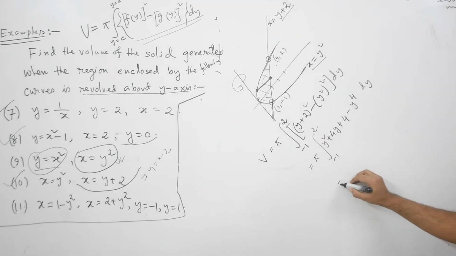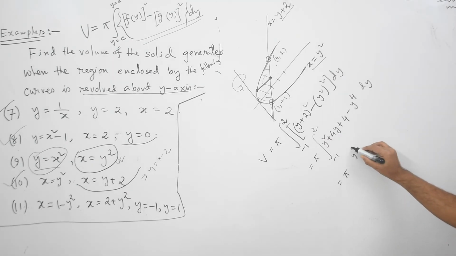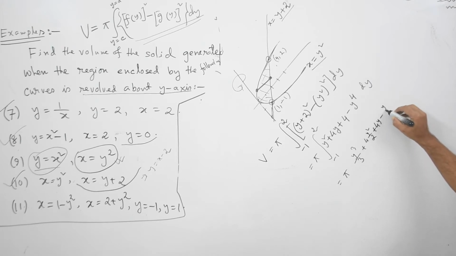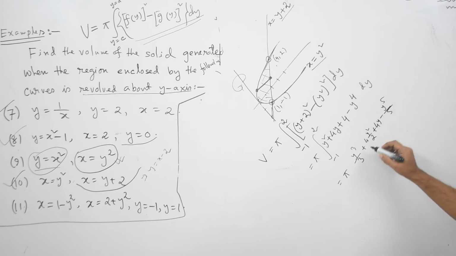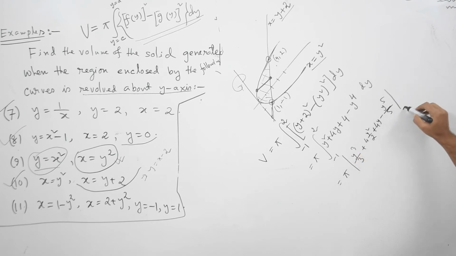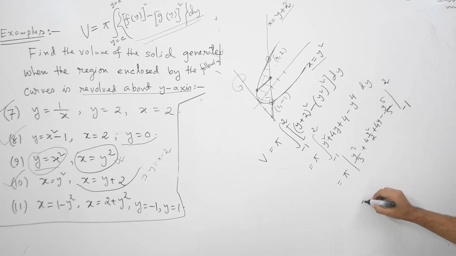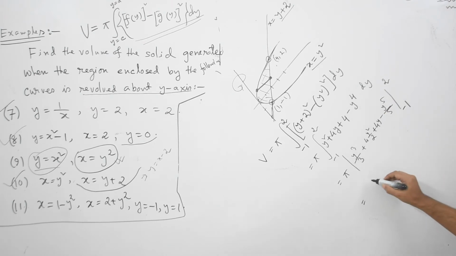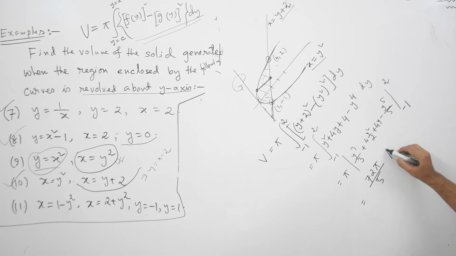Then integrating gives y cubed by 3 plus 4y squared by 2 plus 4y minus y to the power 5 by 5, from minus 1 to 2. I leave this work for you; you can easily simplify it. First put in the upper limit, minus the lower limit. So the final answer will be 72 pi by 5. This is the answer.